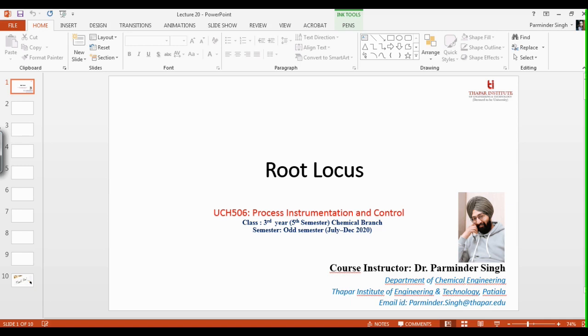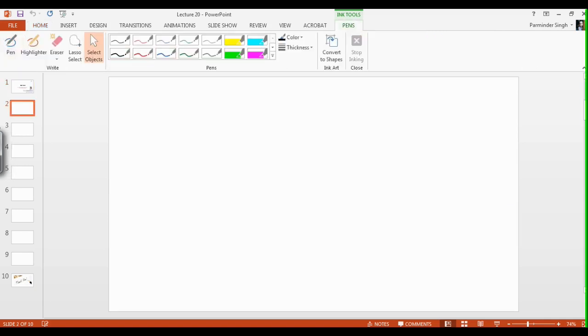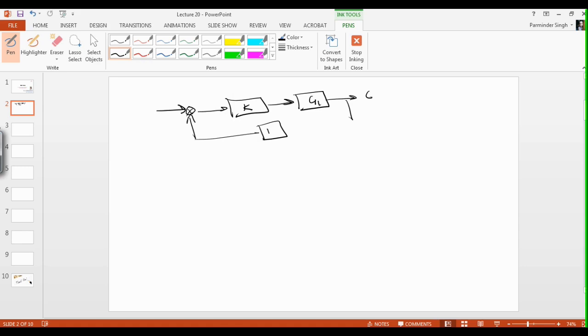Now for this, let's consider a simple control system. Let's say this is K, let's say this is G1, C, and let's say this is H. Let's consider this negative feedback control system.